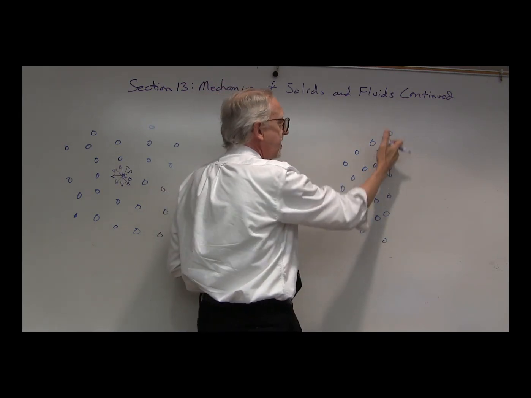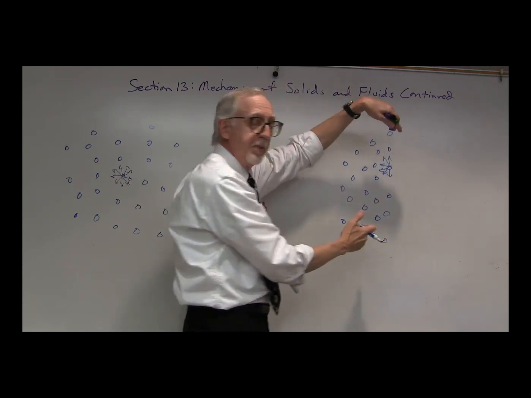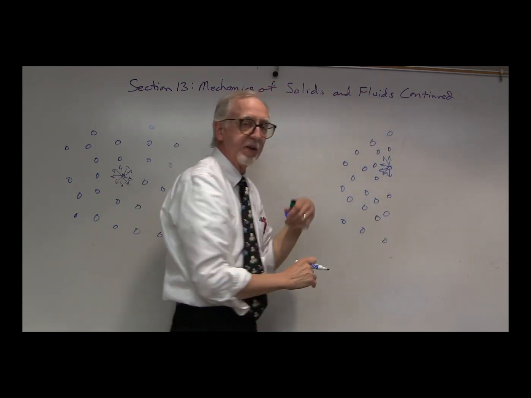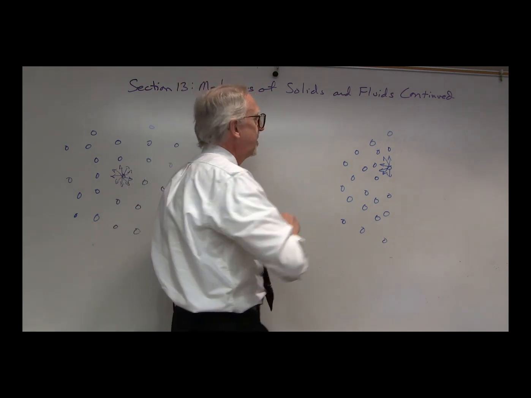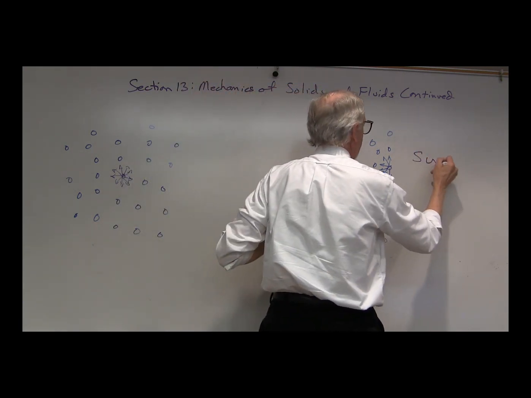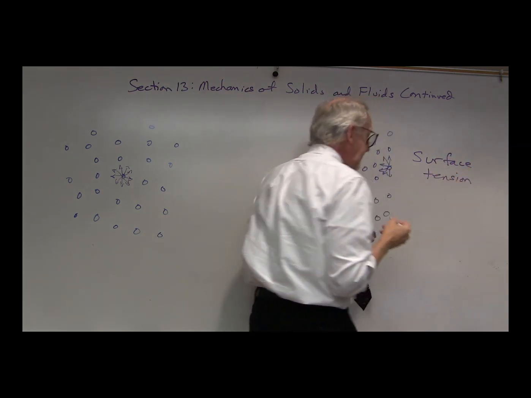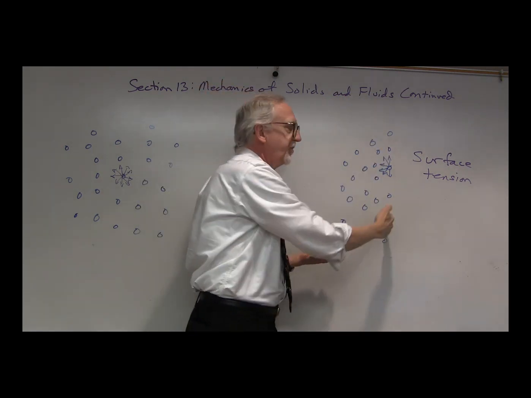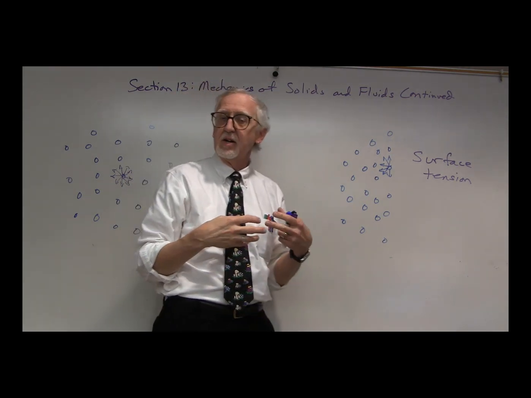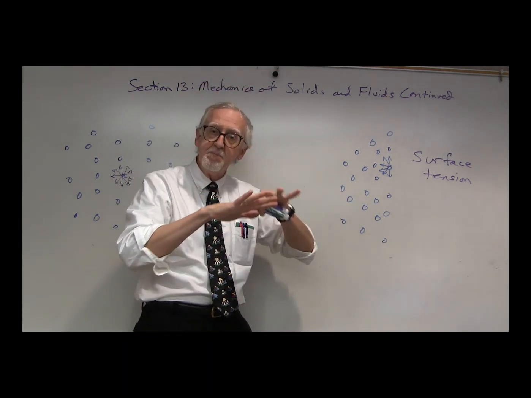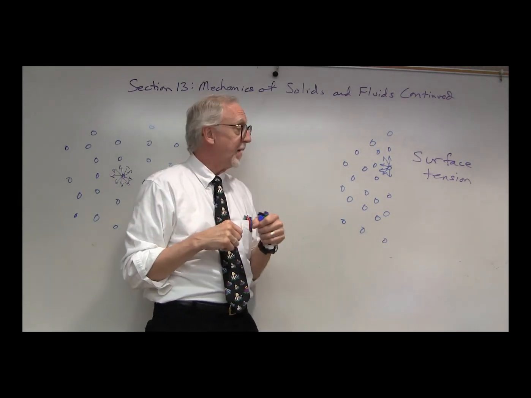That's going to cause these particles on the surface to always try to minimize their shape in general, minimize the surface area. This creates what's called a surface tension. And it causes the shape of a surface to always try to minimize its surface area. That's why if you have a soap bubble or a soap film, it always minimizes the area between its surrounding border or boundary.